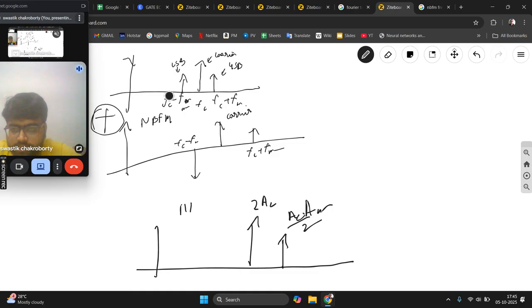But the lower sidebands cancel, so there will be no lower sideband, and it will only have a single sideband.